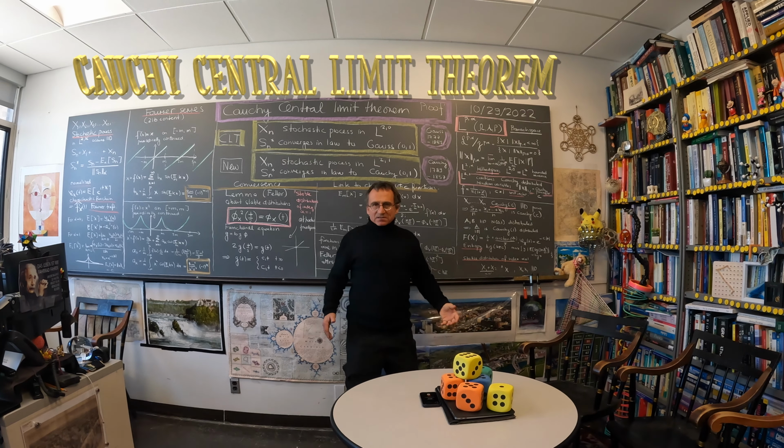This is the Cauchy distribution, the Hannibal Lecter of all distributions, because it does not have very nice properties from the point of view of standard probability theory. In a stochastic process, you add up random variables and then you divide by n. Actually, that's the nice thing about the Cauchy distribution. You don't divide by the square root of n, but you divide by n.